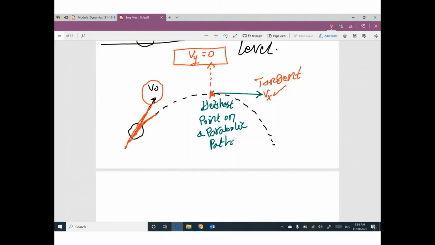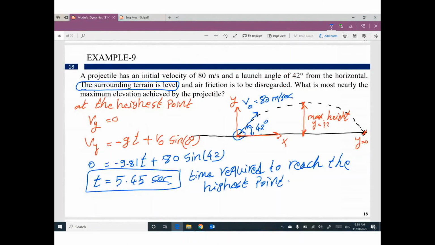If you reach the highest point of this parabolic base, we don't have a vertical component for velocity. So the equation for Vy will be equated to 0. Then I can figure out the required time.